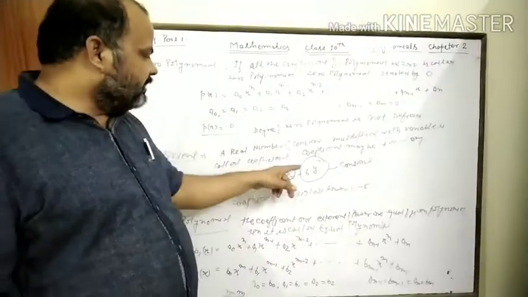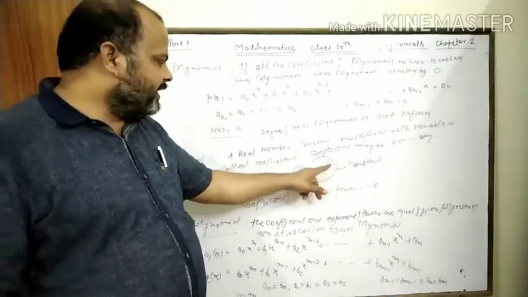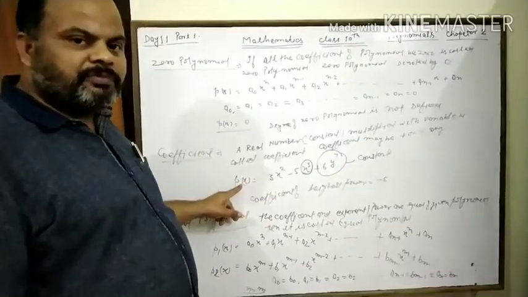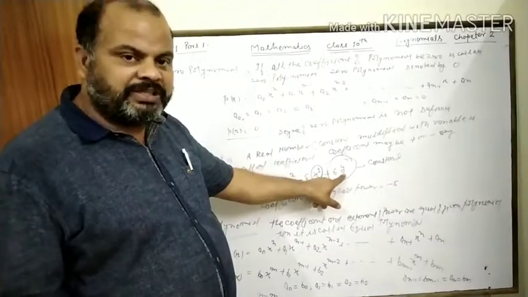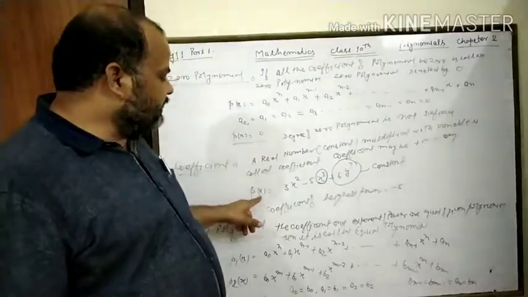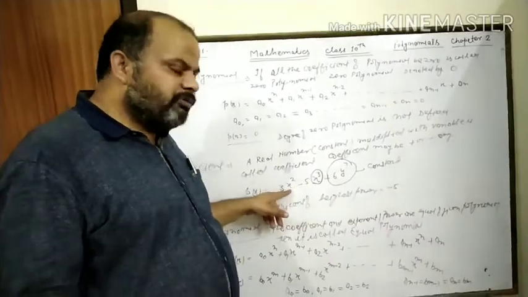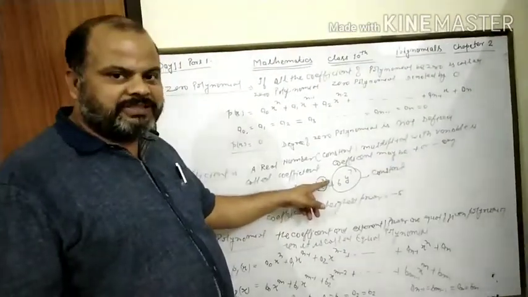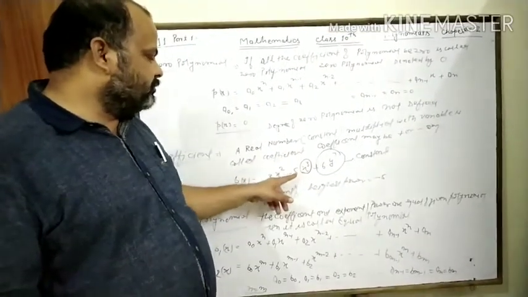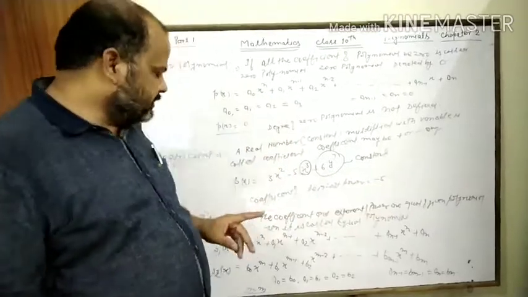The highest power is y to the power 7, but y is not a variable of the given polynomial, that's why it behaves like a constant. This polynomial is in the variable x, so we check the power of x. The highest power of x is 3, and the coefficient of x to the power 3 is minus 5.